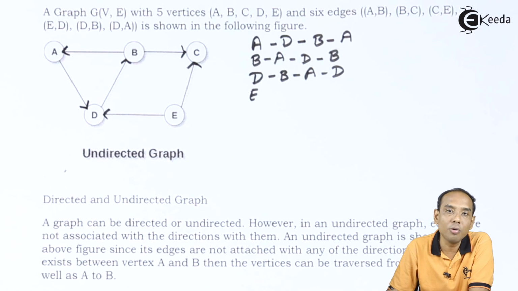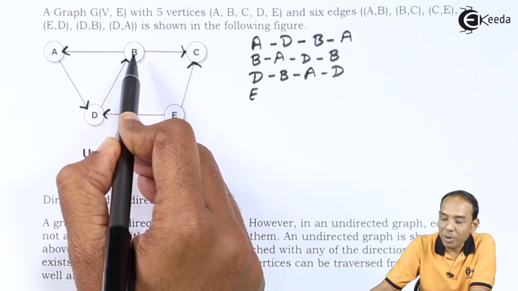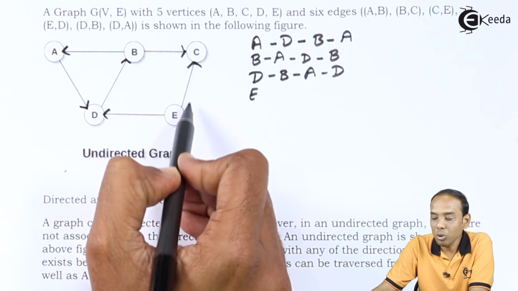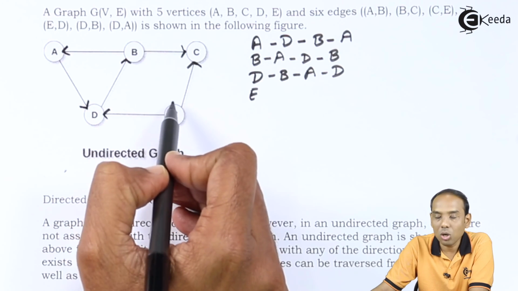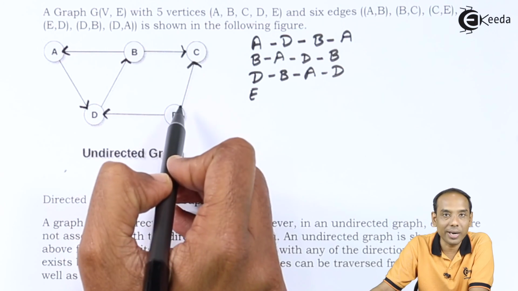So we don't go with vertex C. We move along D. So our path becomes E to D, D to B, B to C. But it cannot come back again from C. So this is also not possible in case we want to reach the same vertex again.